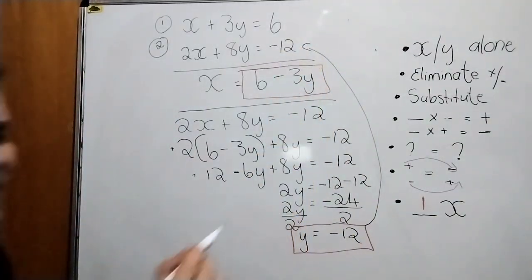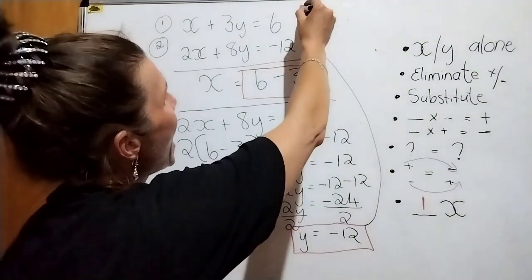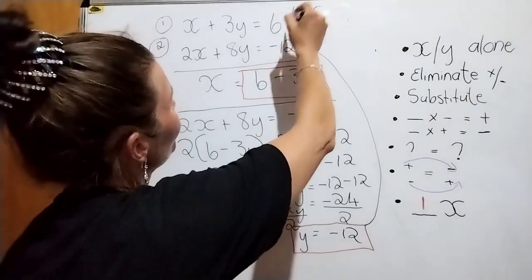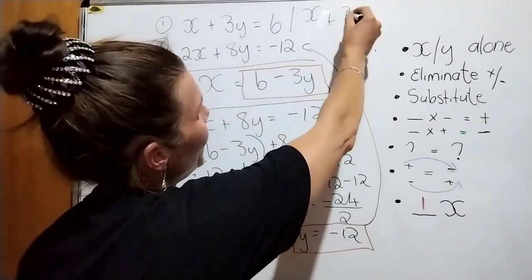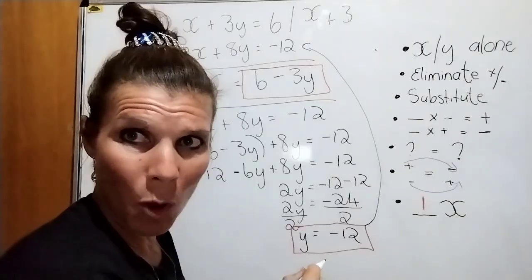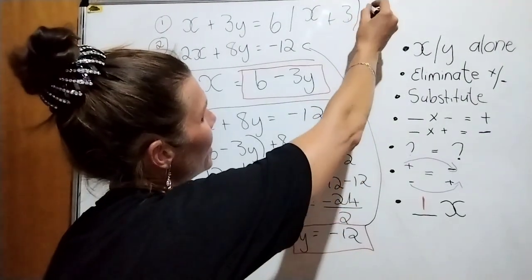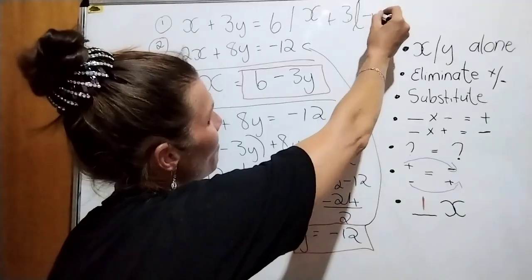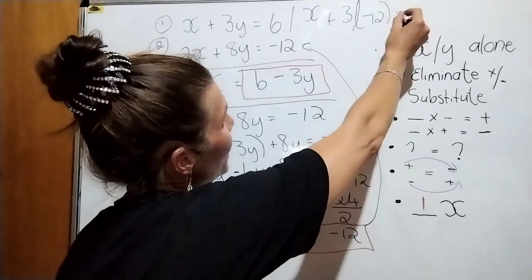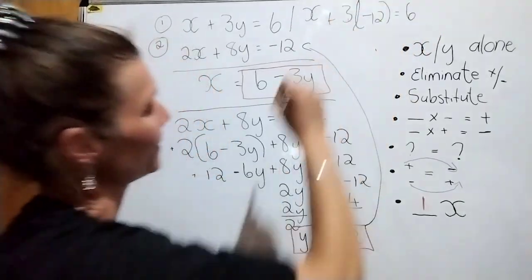So now I can say x plus 3, do I know what y is? Yes, I know what y is. y is minus 12. My little bracket, minus 12, equals 6.